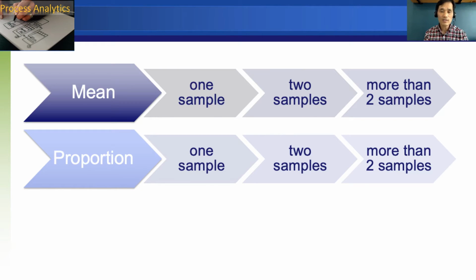In hypothesis testing, we have to look at first whether it is a mean test or proportion test. You can test or compare the means of some samples. For example, the average efficiency of a process for assembly line 1 and assembly line 2. You are comparing them together.